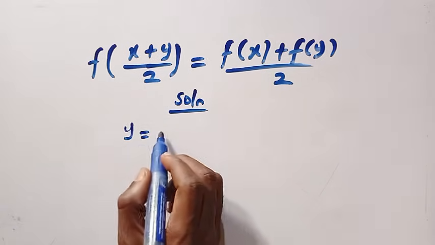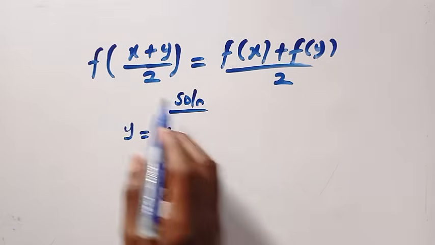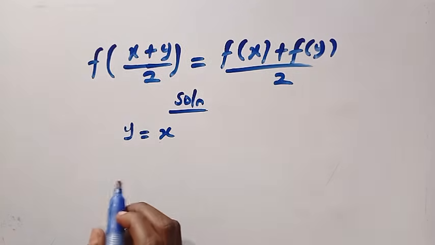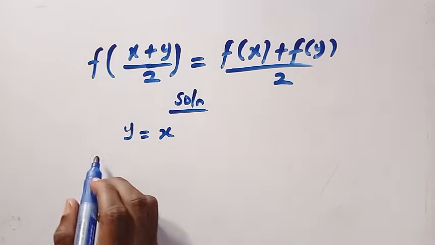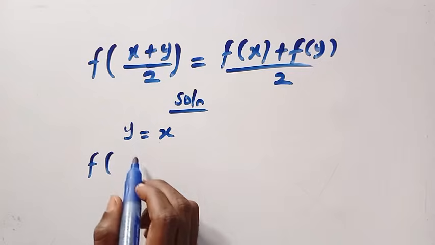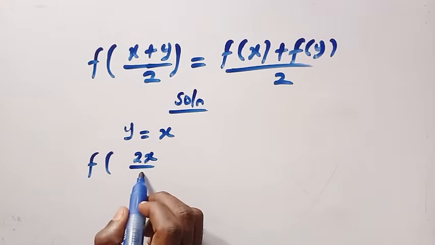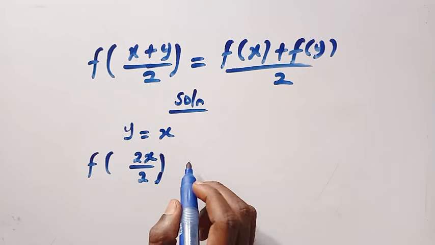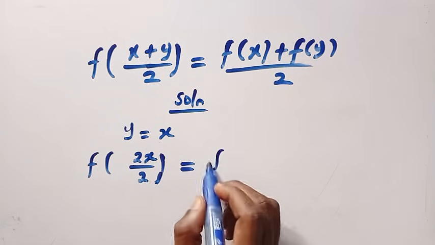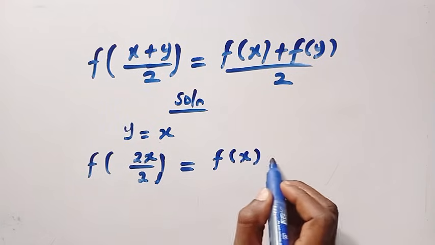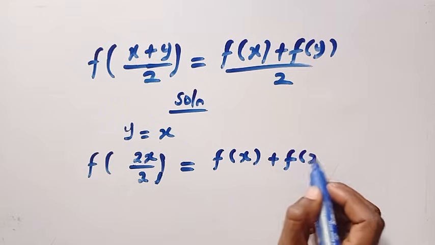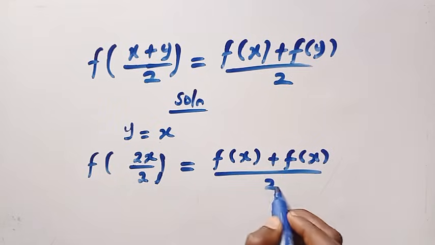Suppose I let x equal y. That is, anywhere I see y, I'll be replacing it with x. Then we have f of (x plus x), that is 2x over 2, equals f of x plus f of x, over 2.